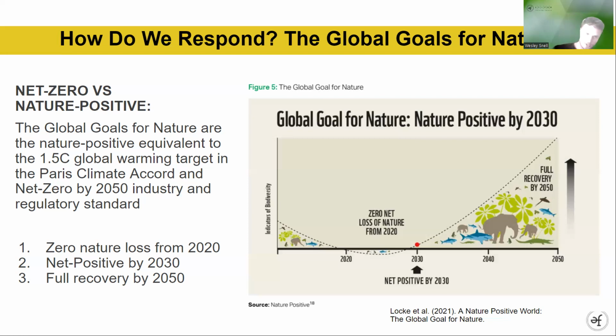So these are the benchmarks and the targets that all of this, the global biodiversity framework, voluntary initiatives like the science-based targets for nature that I'll get into, are coalescing, let's say, and setting targets based on these global goals for nature.